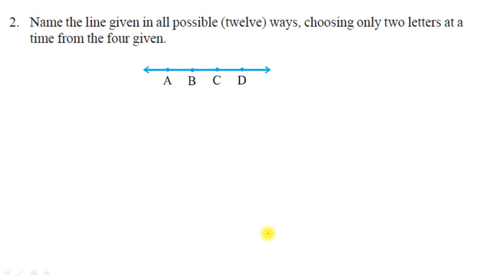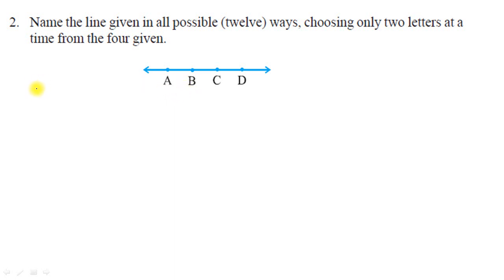Name the line given in all possible 12 ways, choosing only 2 letters at a time from the 4 given. So you need to write down the names of the line in all the possible 12 ways. All the possible 12 ways means if you are writing a line AB, this can be written as BA as well.